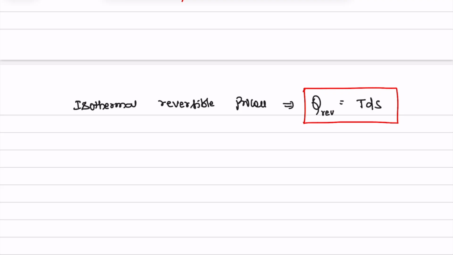Because we have assumed the change in internal energy is equal to 0, 0 is equal to TdS minus PdV, and Q reversible is equal to TdS.